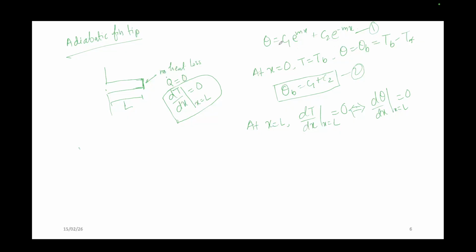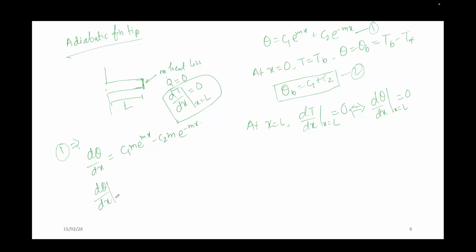So this is your theta. Now I can find d theta/dx from equation 1. What should it be? C1 m e to the power mx minus C2 m e to the power minus mx, right?